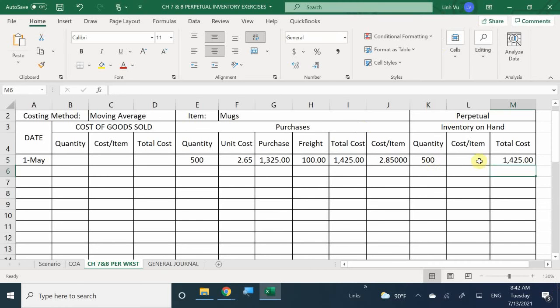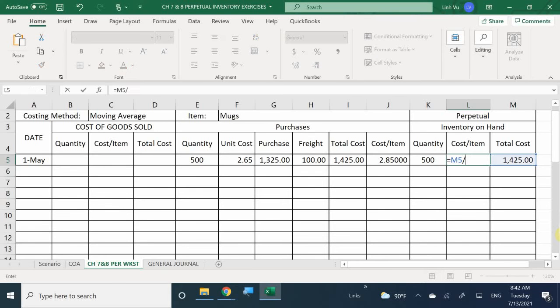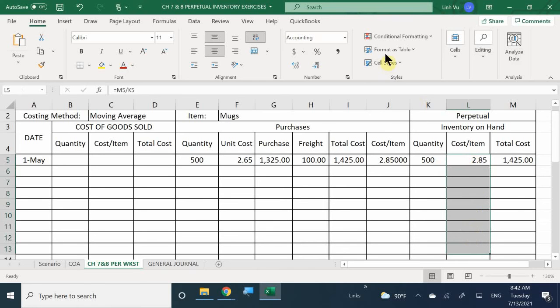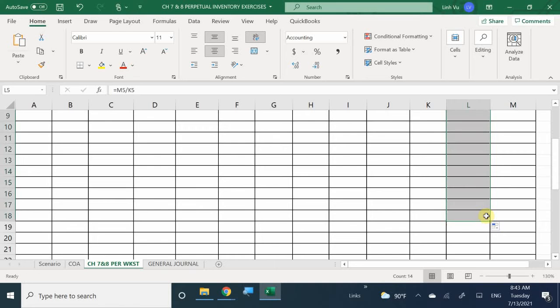Because here I am going to be constantly calculating the average cost per item, which in this case is going to be the 2.85. The formula is always the one in the middle right here, so I'm going to drag that formula down.